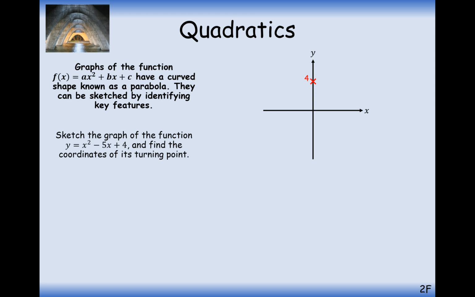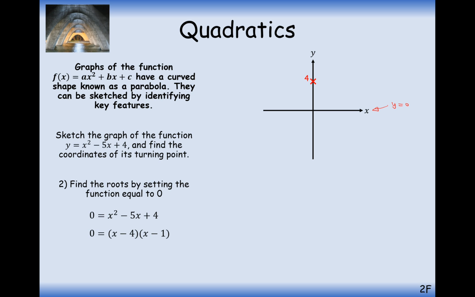Next up, let's find the roots of the polynomial, so let's find out when it cuts the x-axis. Remember, along this line the y-coordinate is equal to 0. So set your equation equal to 0 and solve it. With quadratic equations, we're either looking to factorize them or use the quadratic formula.